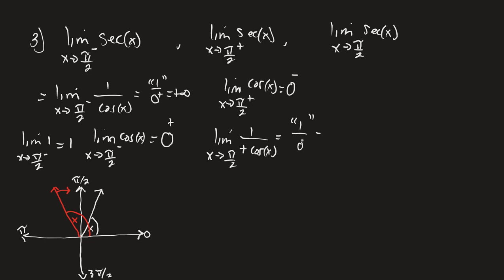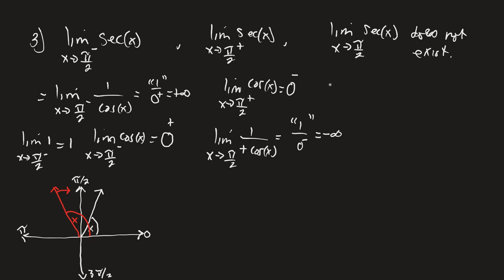There we go. So 1 over 0 minus, and then this is negative infinity. Right? And then what happens is, again, the two-sided limits are different. They're not the same. These represent large positive numbers. This represents large negative numbers. So the two-sided limit does not exist.